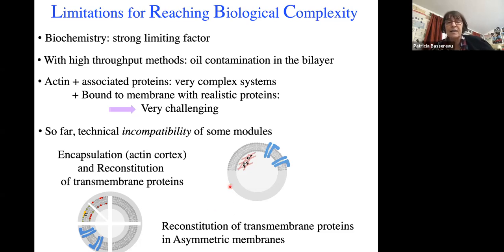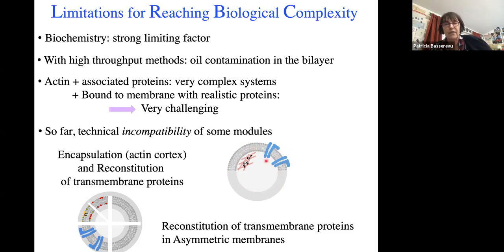And for instance, it's not easy with all the techniques which have been used to encapsulate, for instance, the actin component. These techniques are usually not compatible with the reconstitution of transmembrane protein. So maybe the technique will allow to get at the same time, for instance, integrin and the proteins which are related to actin inside the liposome.